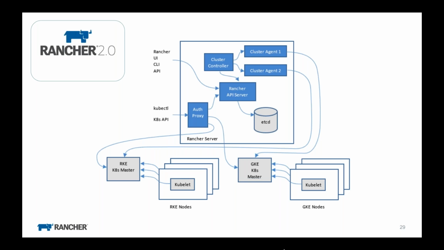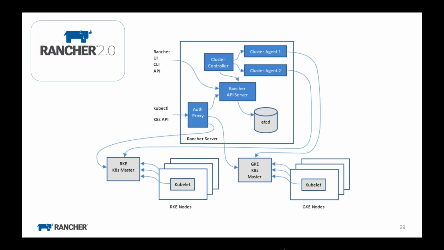Then it has an auth proxy to handle authentication and that integrates with various authentication providers. And the Rancher API server uses etcd, which is the same as the Kubernetes etcd, for its database. So this is a difference from the Rancher 1.6 platform, where 1.6 used MySQL for the DB. Now Rancher 2.0 is using etcd for its database.